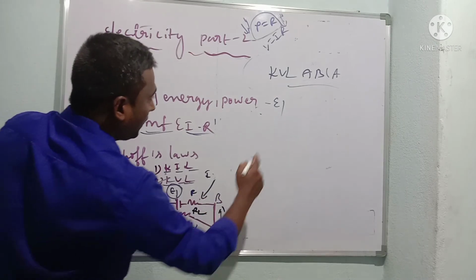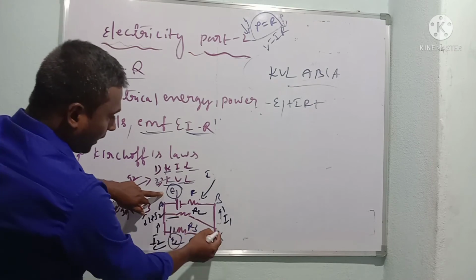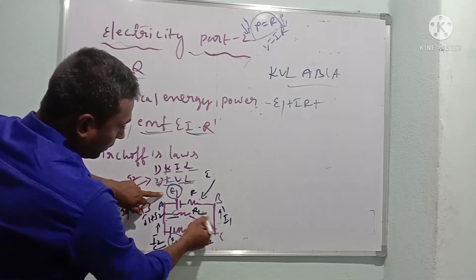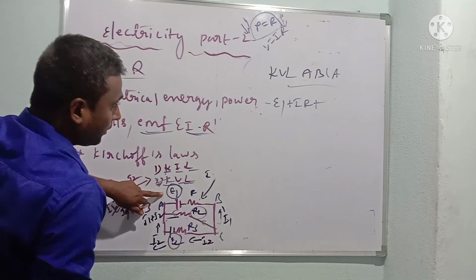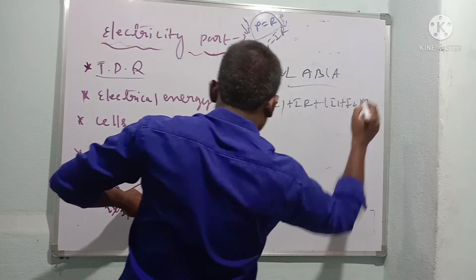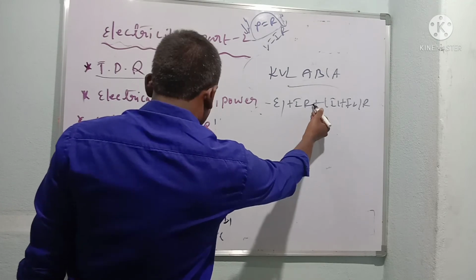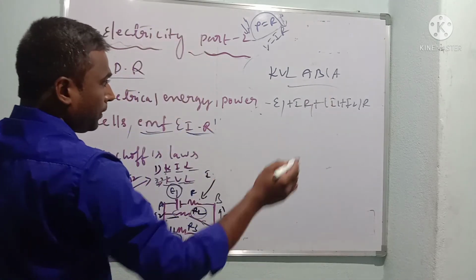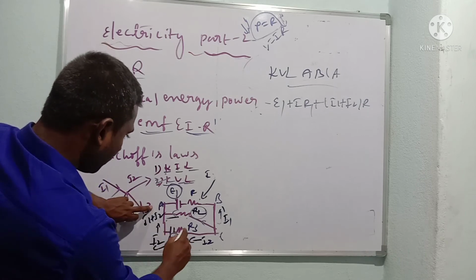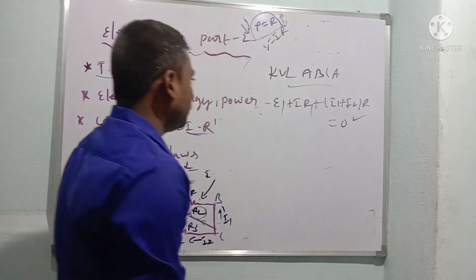Again plus I1R1, plus here current is moving again here to here. So I1, I2, I take resistance R as common. That becomes I1 plus I2 into R. So minus E1, plus I1R1, plus (I1 plus I2) into R. This is equal to 0.